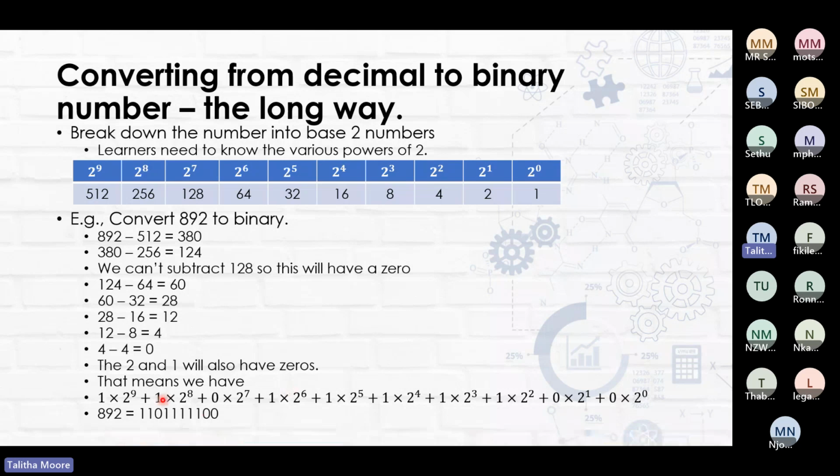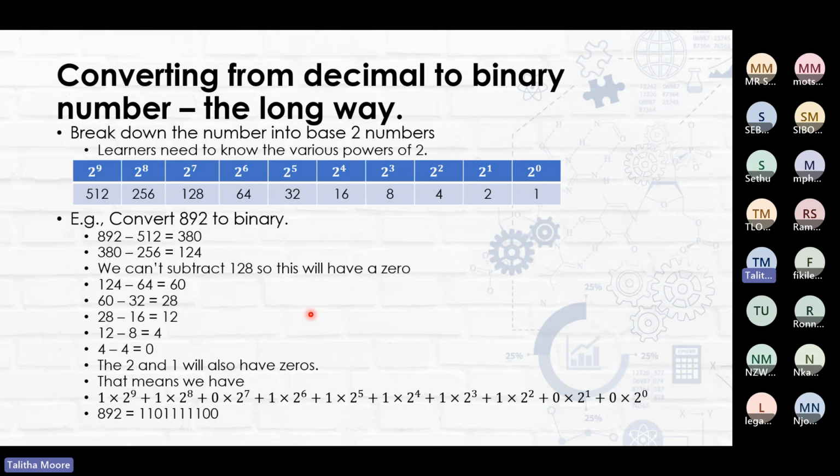So if we take the first, we'll have 1, 1, sorry, 1, 1, 0, 1, 1, 1, 1, 1, 0, 0. And that's how you would convert from decimal to binary.